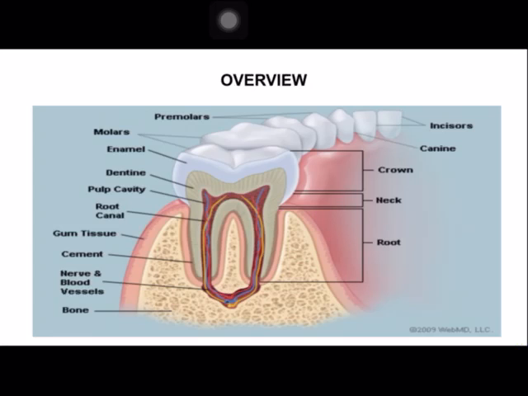The structure of the root has the root canal, gum tissue or gingiva, cementum, nerves and blood vessels, and at last alveolar bone. From the other side, the whitish portion is called crown. After that the neck, and the portion which is embedded in alveolar bone is called root.